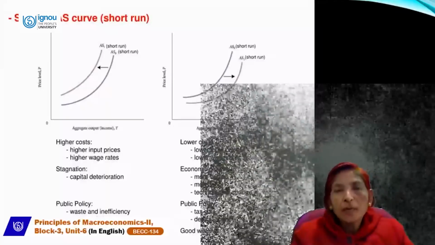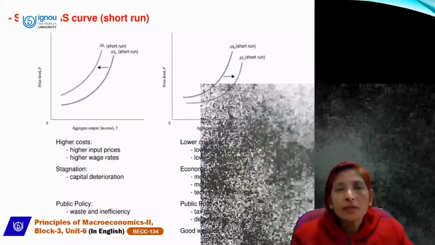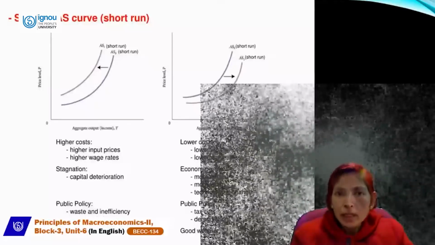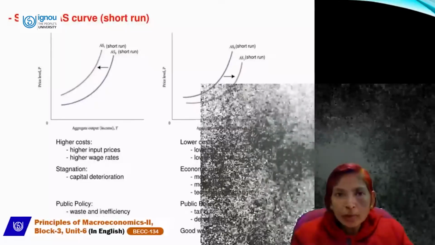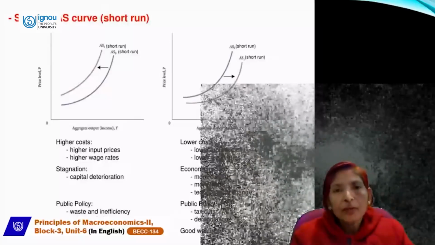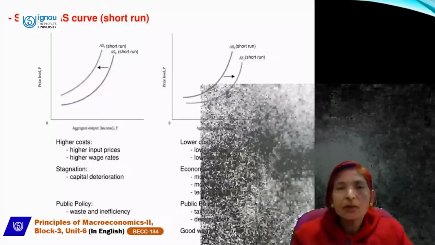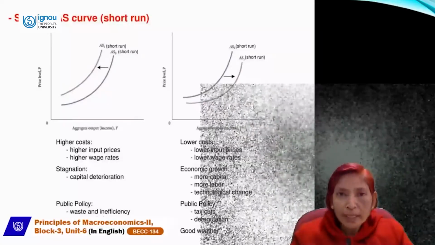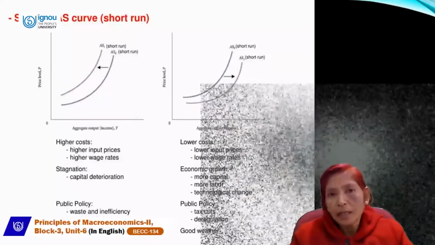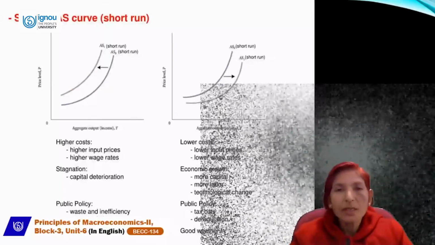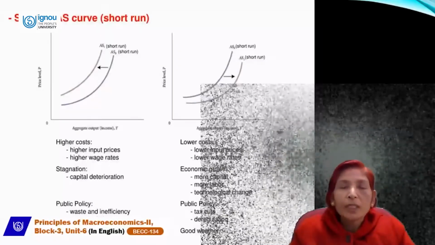And if the government imposes more taxes on producers and provides fewer subsidies, then the producer will be discouraged and production will fall and the curve will shift to the left hand side. And if on the other hand the government imposes fewer taxes on producers and provides more subsidies, then the producer will be encouraged to produce more goods and services. In this situation, the supply curve will shift to the right hand side.